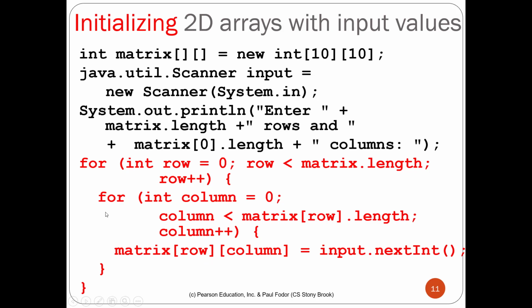You will have the elements for the first row, which is index 0. After that, you come back to the outer for loop and row increases to 1. Then you run the inner for loop again and you'll get the elements for the second row, then for the third row, then for the fourth row, and so on till all 10 rows. That's how you'll get the values from the user for your 100 elements.